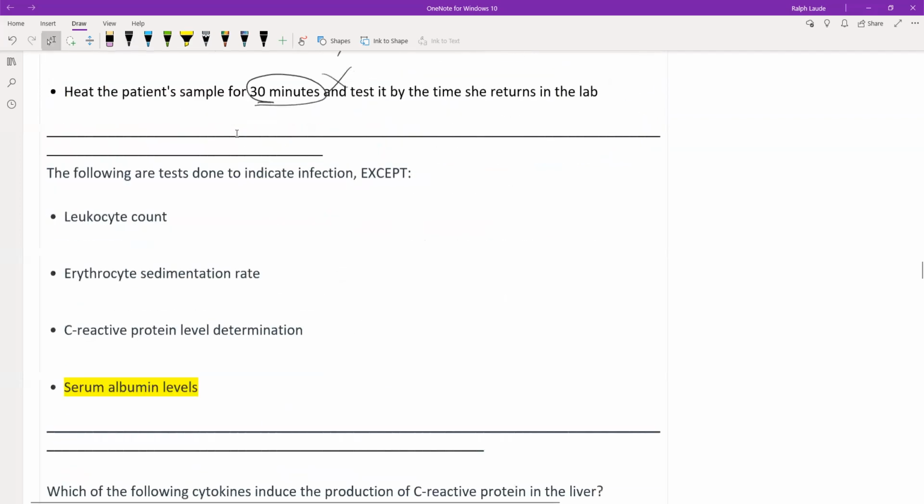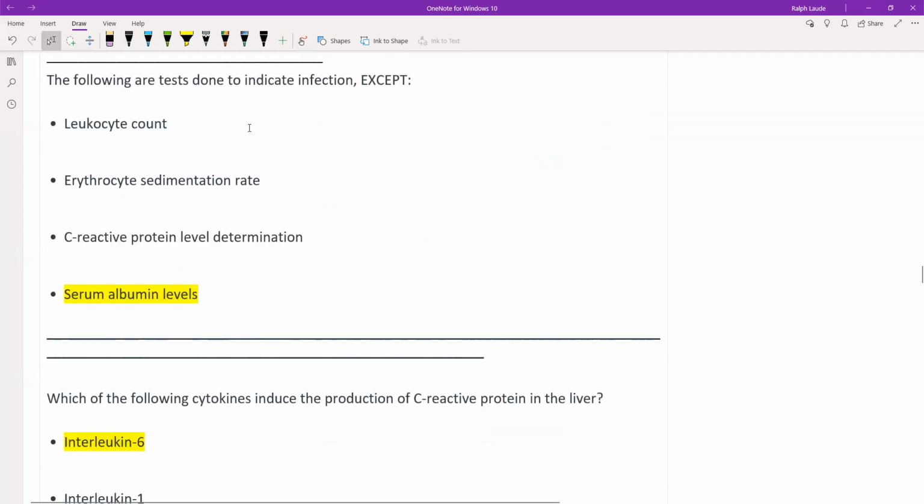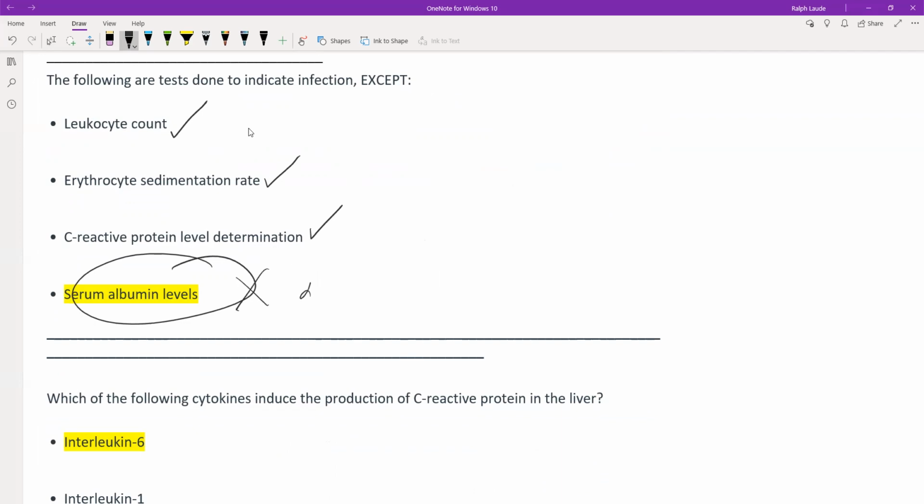Okay, next. The following are tests done to indicate infection, except, of course, this one. Albumin levels, no. This is actually to determine the level of dehydration. Pagtaas kay si albumin, meaning dehydrated.